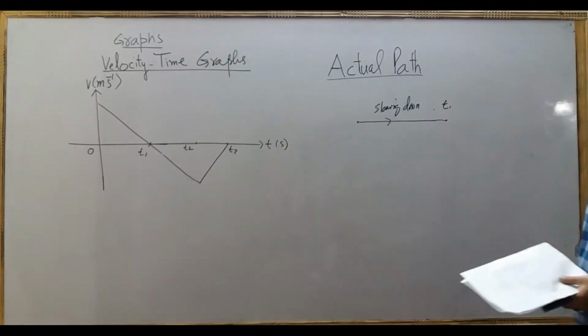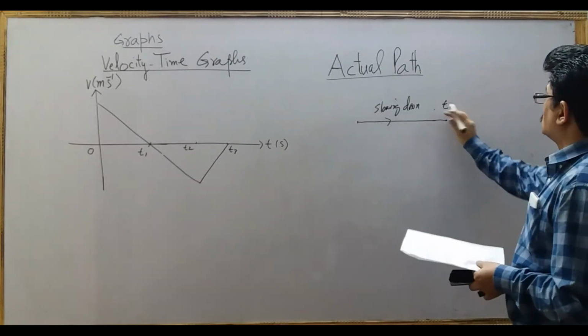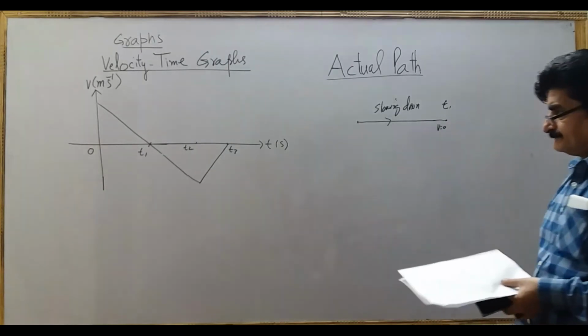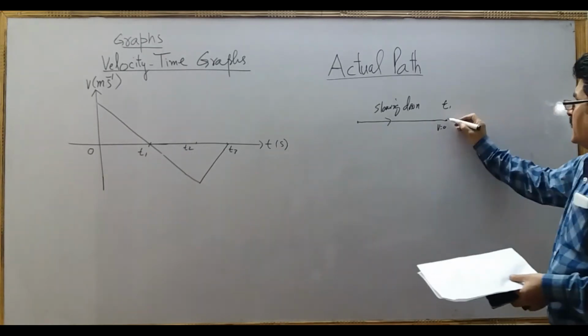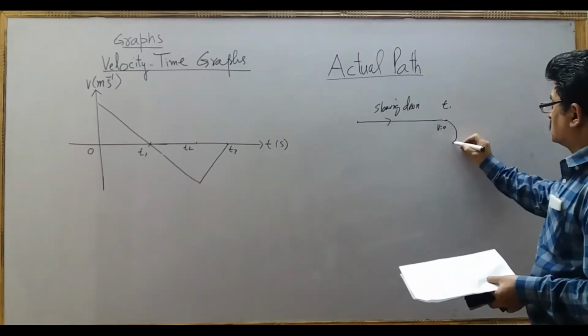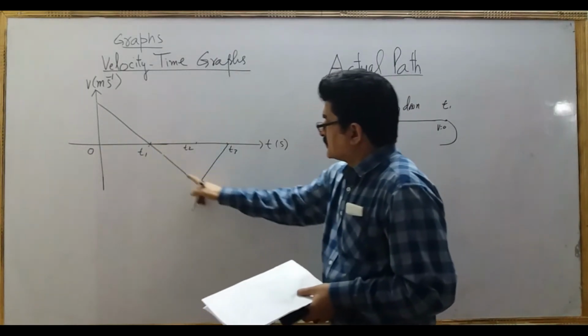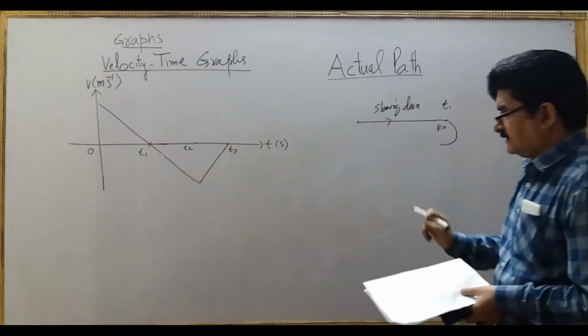Then what happens at time t1? The velocity becomes 0. Then the graph goes down but straight. It means that it takes a turn, because velocity becomes negative after time t1. Graph goes down means velocity is negative after time t1.